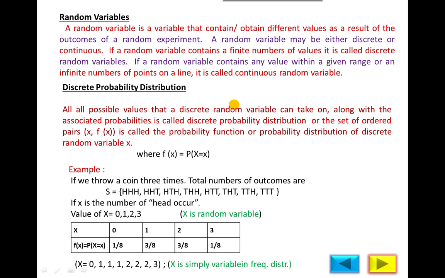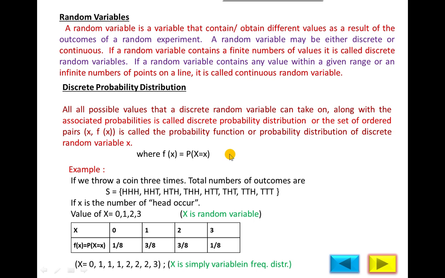You know that in frequency distribution we distribute the frequencies of the actual values. For example, suppose you collect data of height, weight, temperature, etc. In general, we use the word variable.